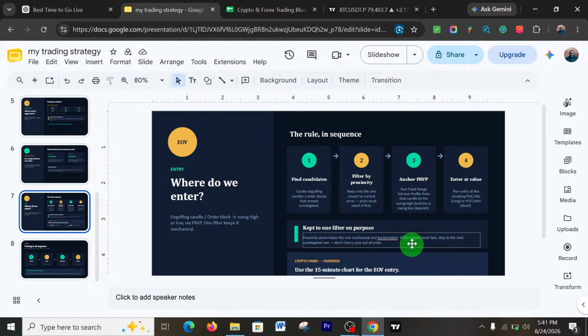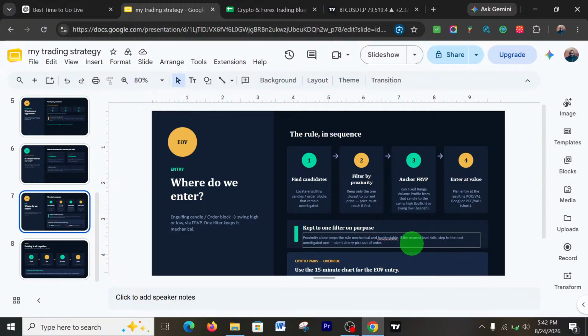Every rule was built to be mechanical. I had to remove literally every subjectivity from this strategy. I had to remove anything that you had to guess, or anything that you had to think by yourself.